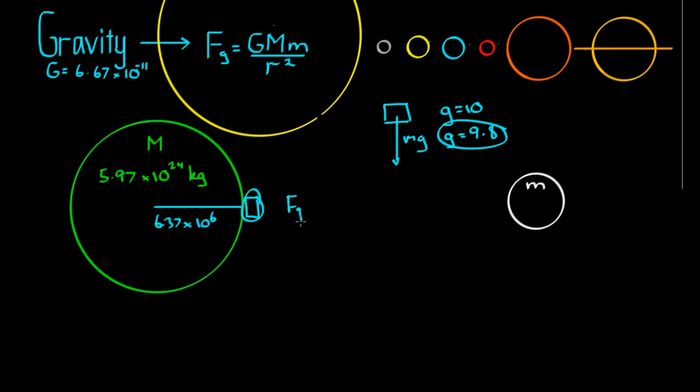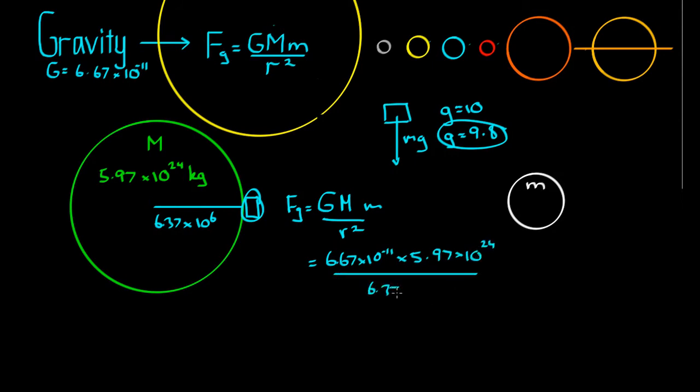So Fg is equal to G M on R squared, which becomes 6.67 times 10 to the negative 11 times 5.97 times 10 to the 24 all over 6.37 times 10 to the 6 squared multiplied by m. We haven't said what the mass of this object is yet.